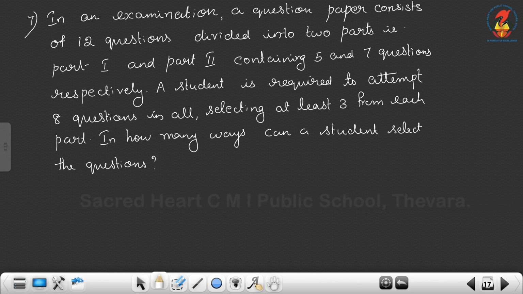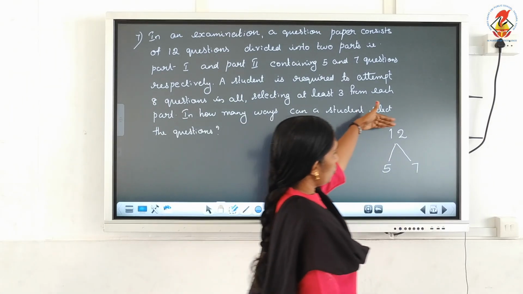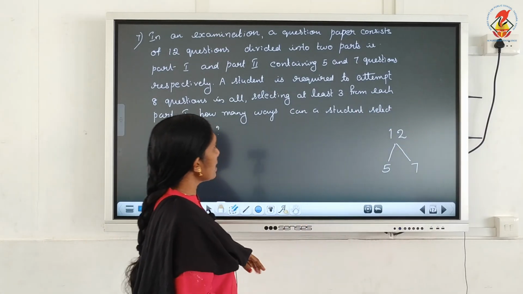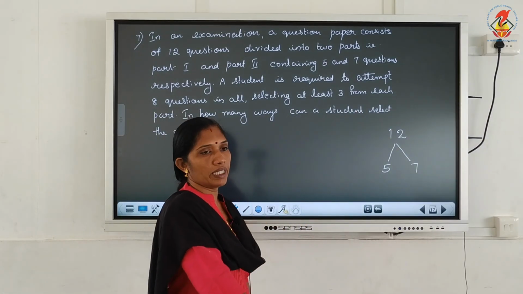In part 1 there are 5 questions, part 2 has 7 questions, and a student is required to attempt 8 questions out of 12, in such a way that at least 3 from each part.